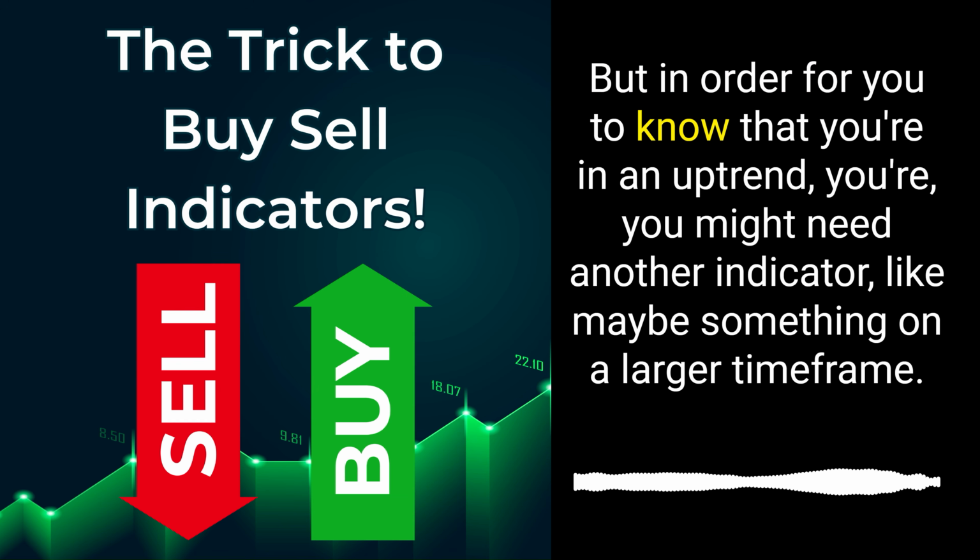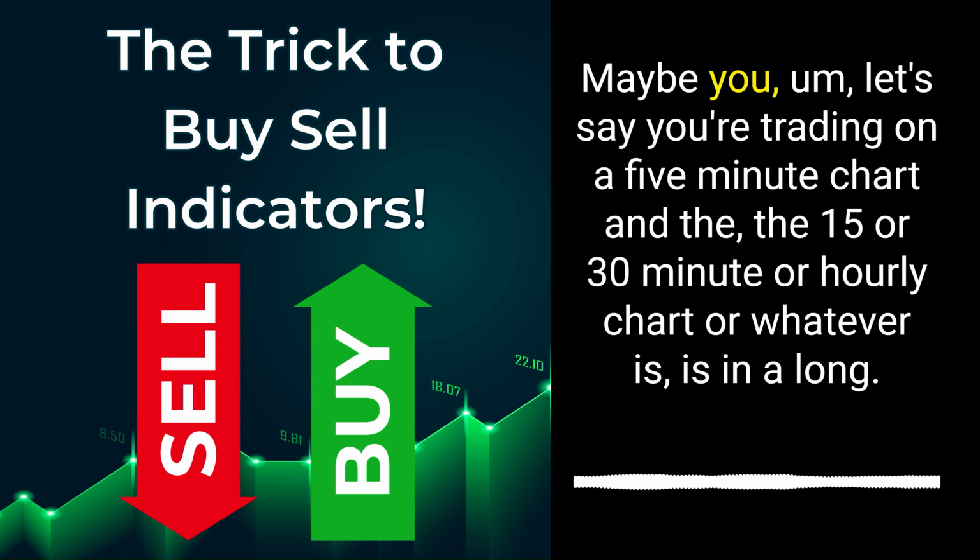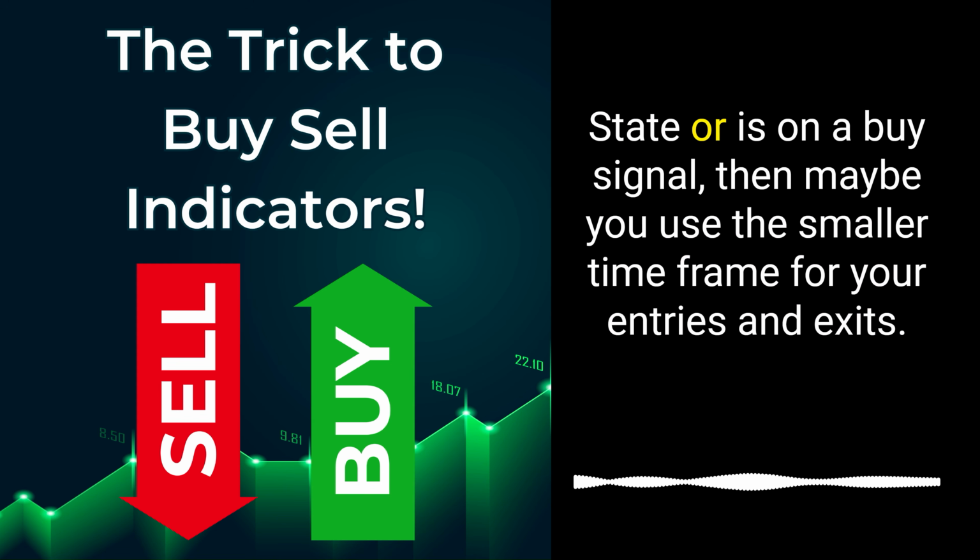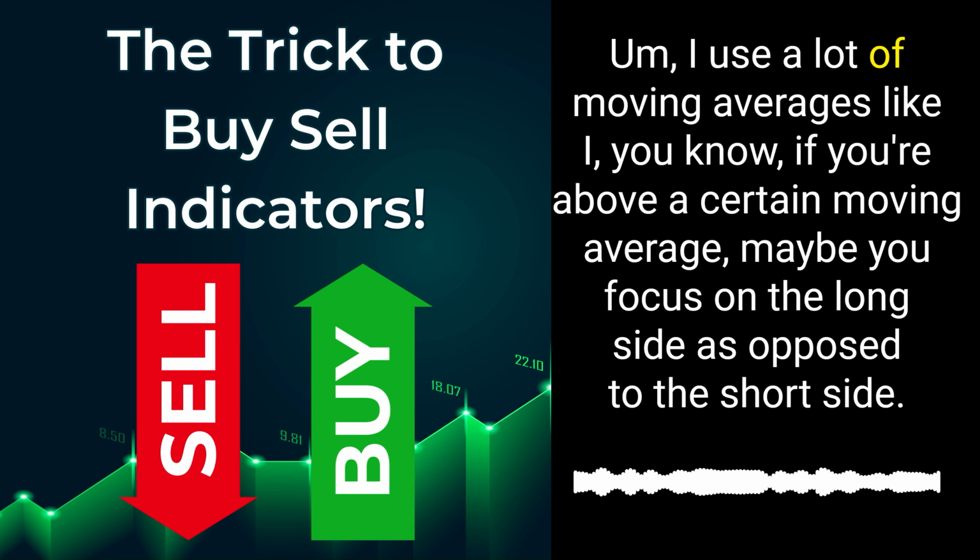But in order for you to know that you're in an uptrend, you might need another indicator, like maybe something on a larger time frame. Let's say you're trading on a 5-minute chart, and the 15 or 30-minute or hourly chart is in a long state or on a buy signal. Then maybe you use the smaller time frame for your entries and exits. I use a lot of moving averages.